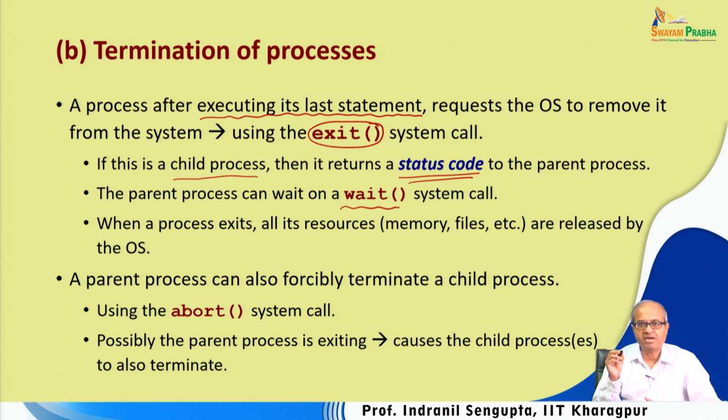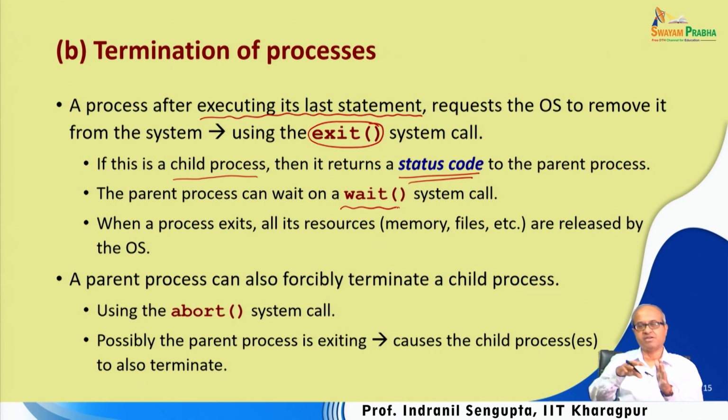The point to note is that whenever we execute such an exit system call, all the resources the process was holding, like memory, all the files that are open, the locks, if it has acquired some locks on some variables, we will see those things later. All of these will be released, so that any other process who wants to use them can use them. This is the normal way of termination of a process.